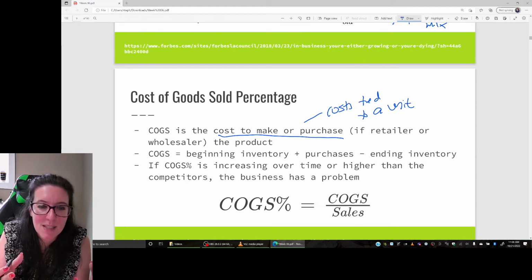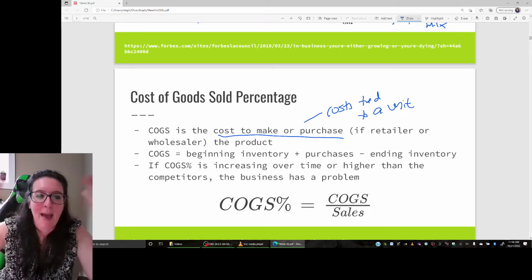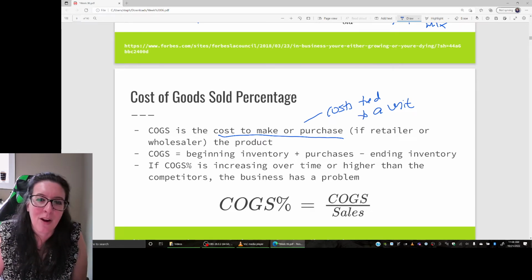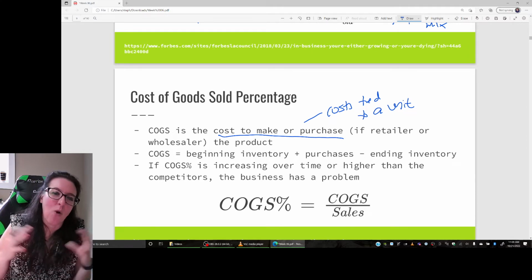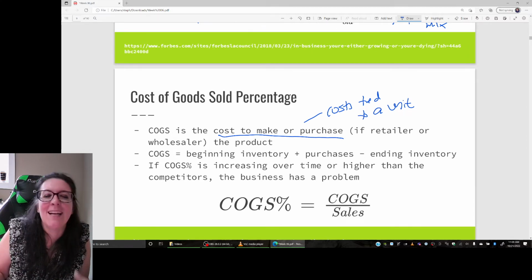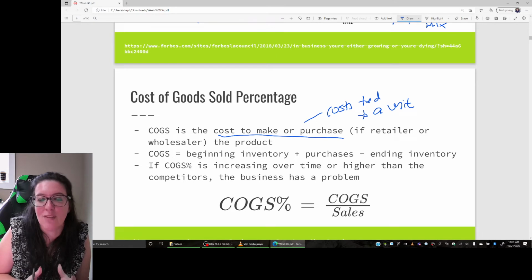In comparison, if we look at our overhead costs, these are costs that are not tied to a particular unit. So if we have management who we pay, they're not tied to a single unit we're making. When we pay for our building, those types of expenses, that overhead, we pay the electricity, it's not tied to the production of a single unit.